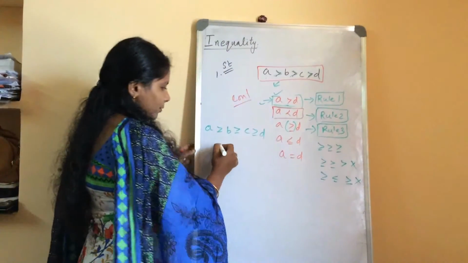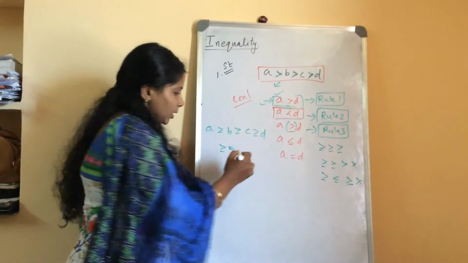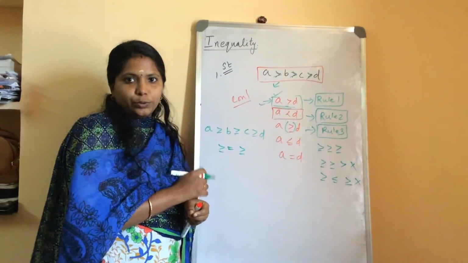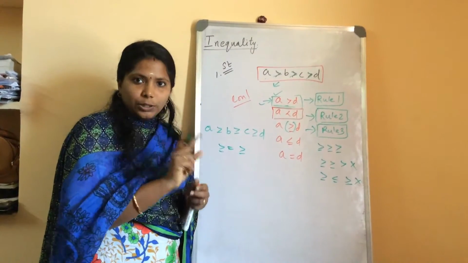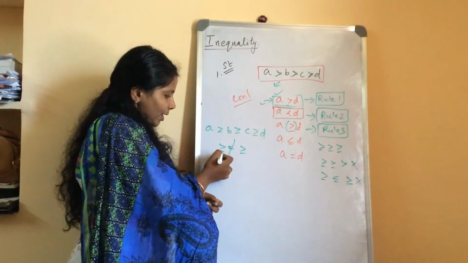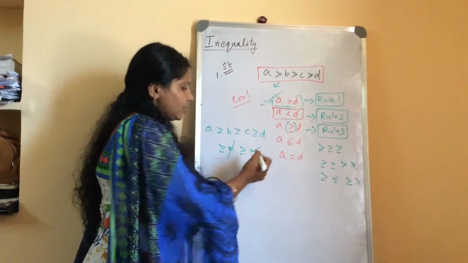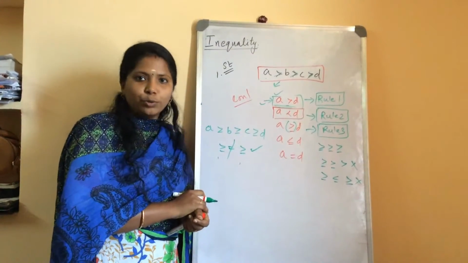Let's take, you have like this, greater than or equal to, then equal to, then greater than or equal to. I said if you have equal to, omit this completely. Then you have greater than or equal to and greater than or equal to only. So then this conclusion will be true.